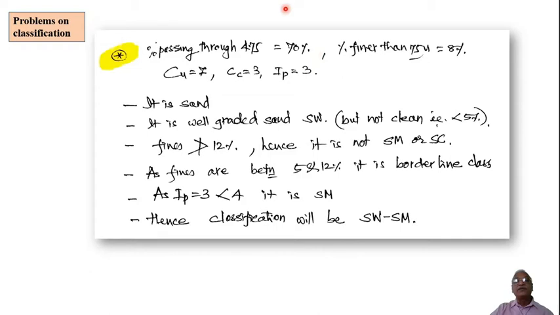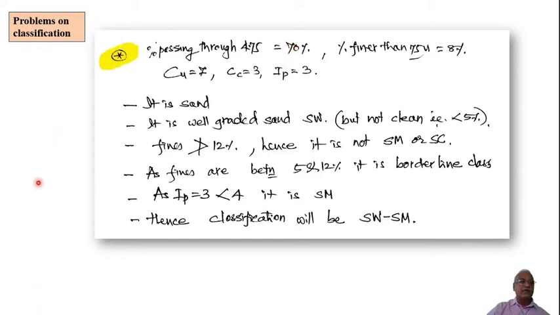That is the gravel percentage. Percentage finer than 75 microns is 8%. Now 70% minus 8, that is 62%, is sand, because 30% goes as gravel.